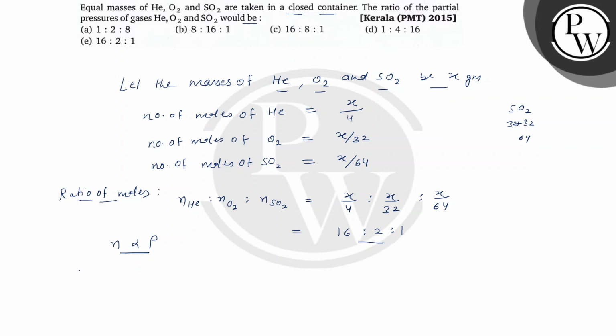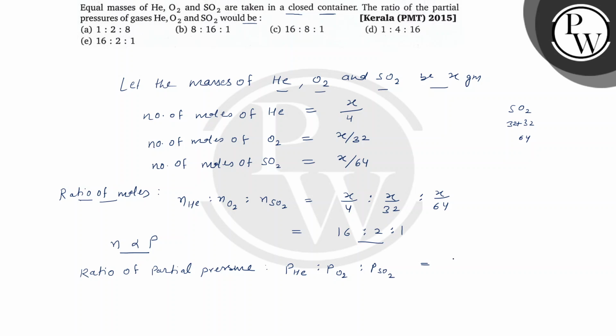So we can say that ratio of partial pressure, it means PHe ratio PO2 ratio PSO2.